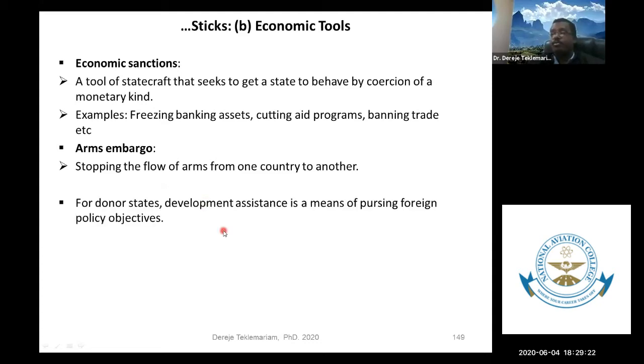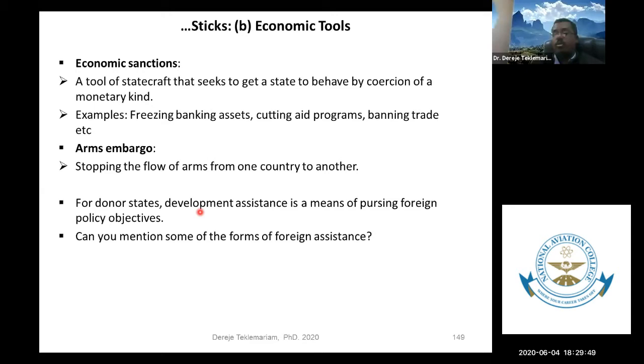Even donor status and development assistance are means of pursuing foreign policy objectives. Please always understand it this way. They may say that we are donors, but these days many say don't say donor, say development partner. But if they are donors, they are donors.